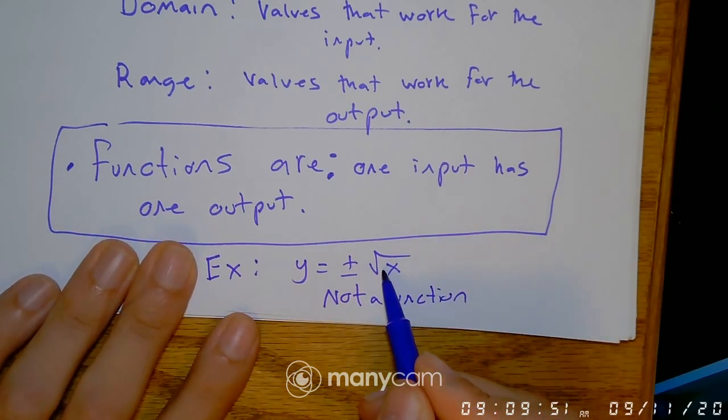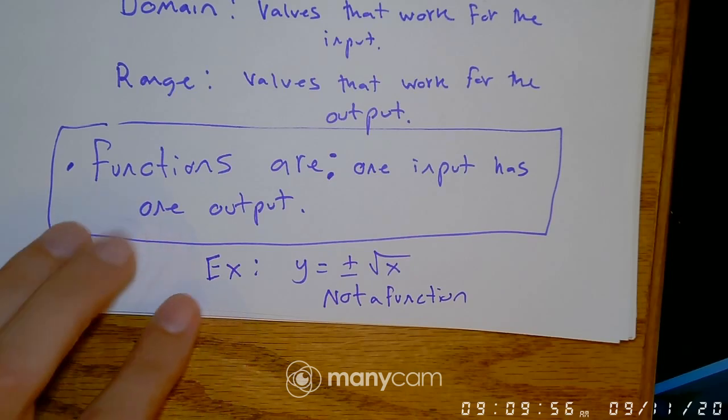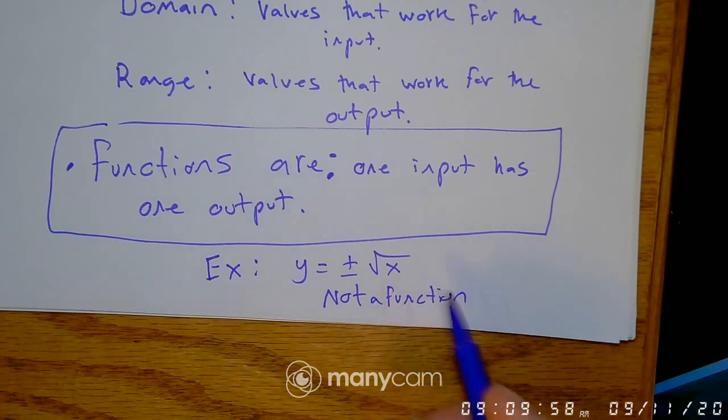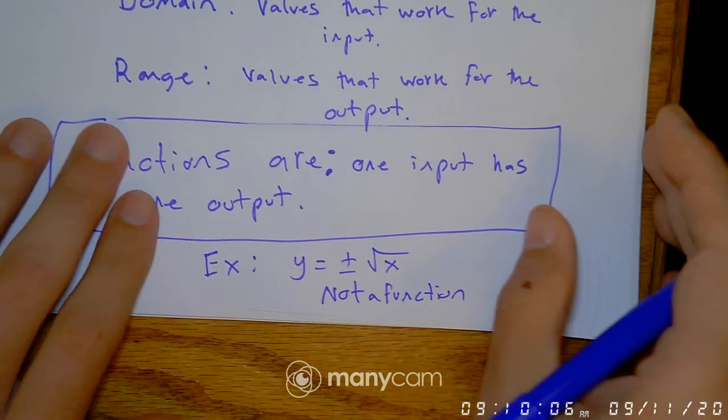Right? Because one input is going to have more than one output. Okay? And we'll talk about that a little bit more in a second. But that's how you can test it algebraically. You're just making sure for every input there's only one output. Okay? So not a function because it has two different outputs.